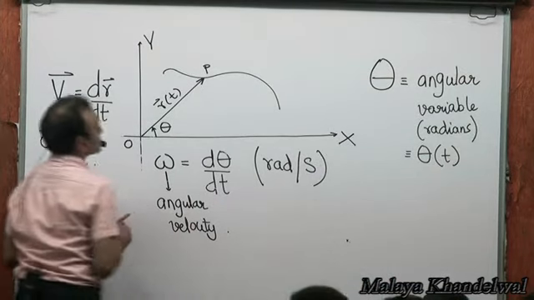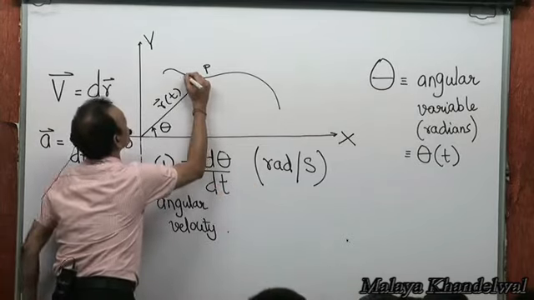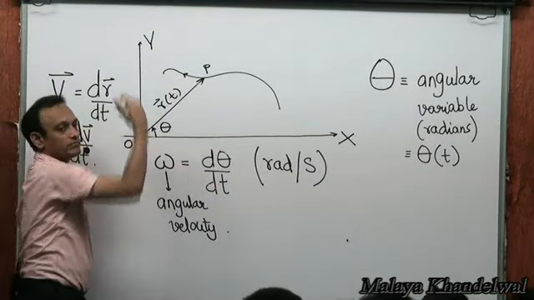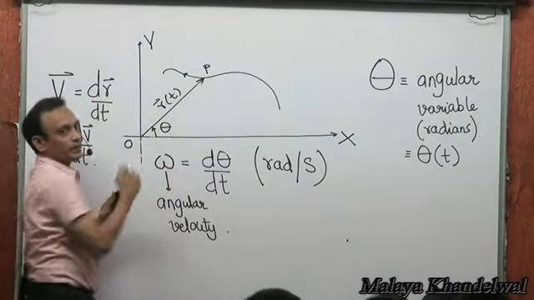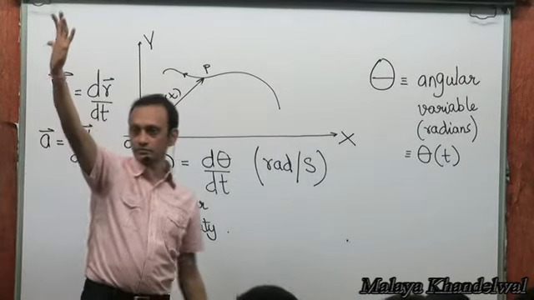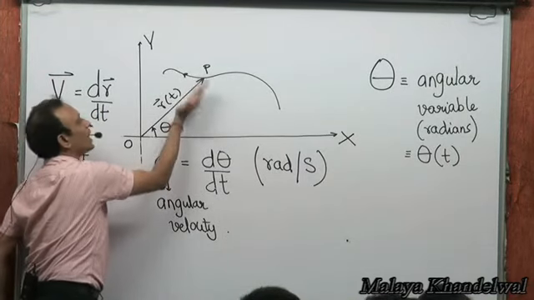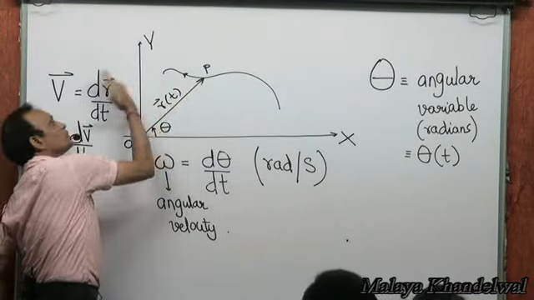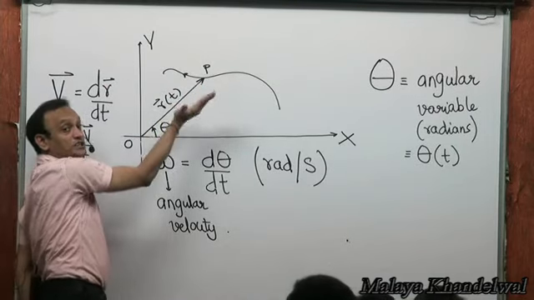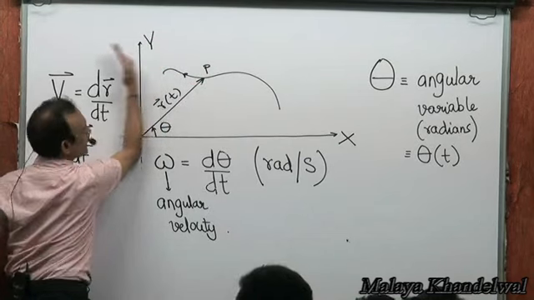what I want to tell you is, suppose the particle is going this way. Essentially, you take your right hand, curl your fingers in the sense in which r is changing. See, r is then swiveling in this sense, anti-clockwise, isn't it? If the particle is going this way, then r is swiveling this way, anti-clockwise.